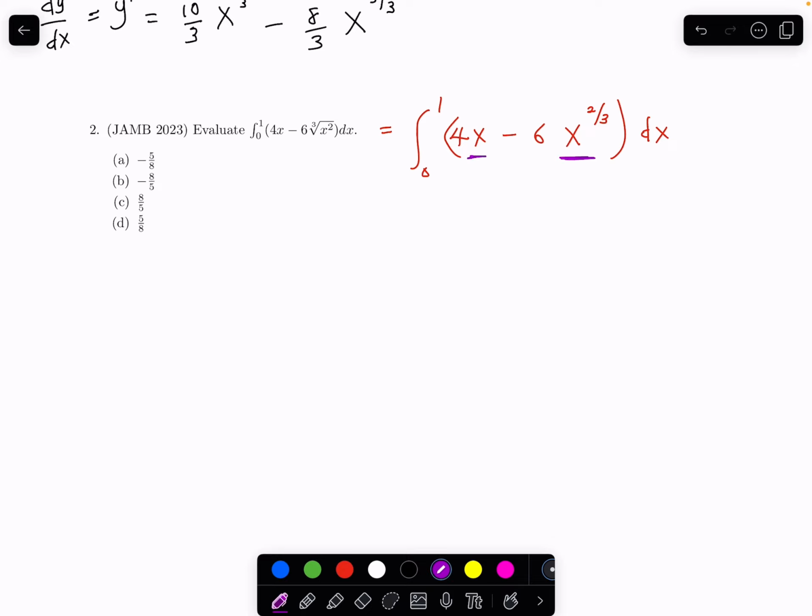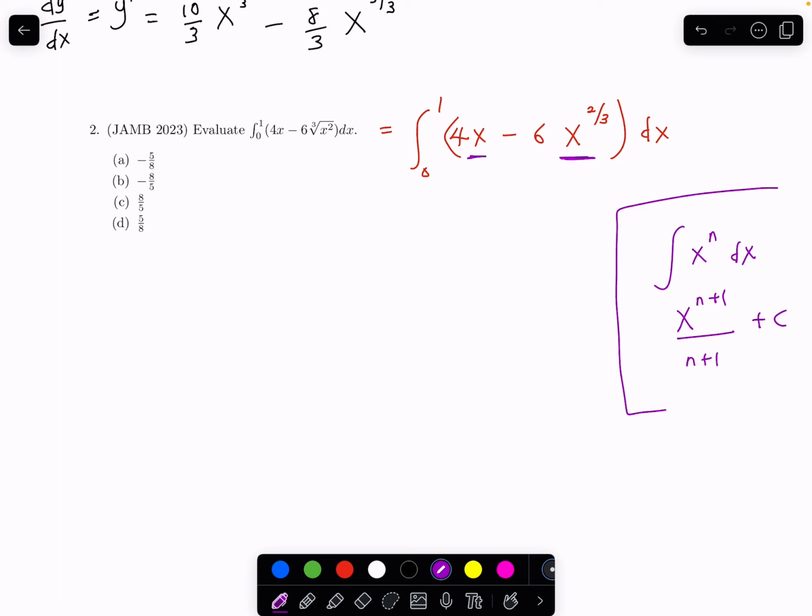The power rule says that if I have the integral of x to the power of n dx, it is just going to be x to the power of n plus 1 divided by n plus 1 plus c. And the c is because this is an indefinite integral.